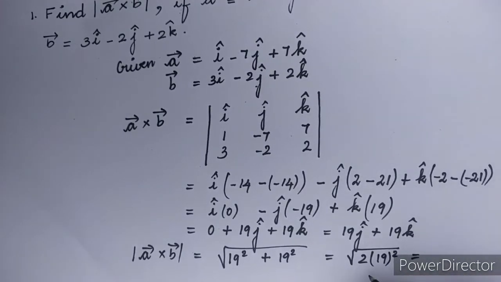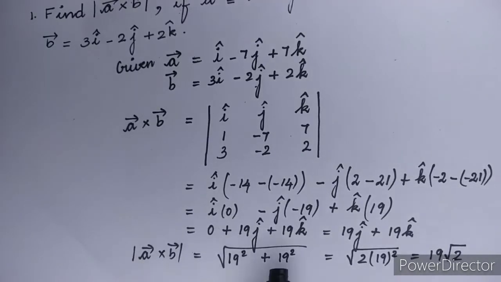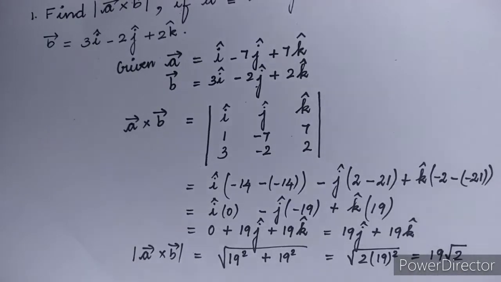So, root of 2 into 19 square, we can write it as 19 root 2. So, magnitude of A vector cross B vector is 19 root 2.